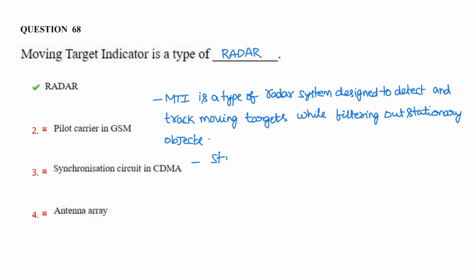Here, MTI radar rejects stationary clutter. Stationary clutter is rejected, that is trees, buildings, ground. This MTI radar discriminates moving target against the clutter.